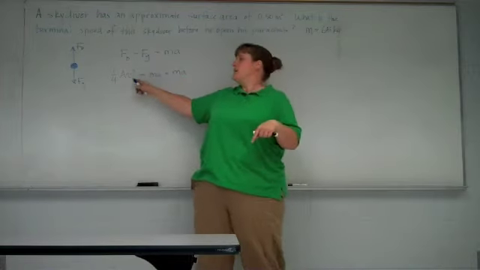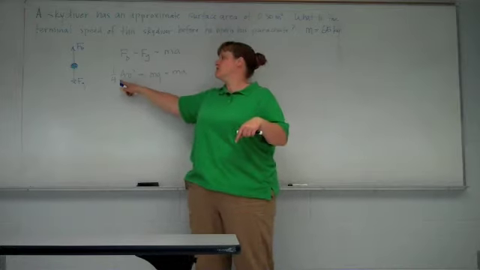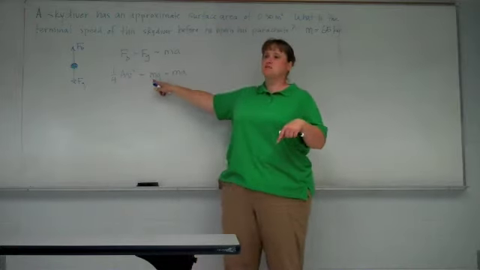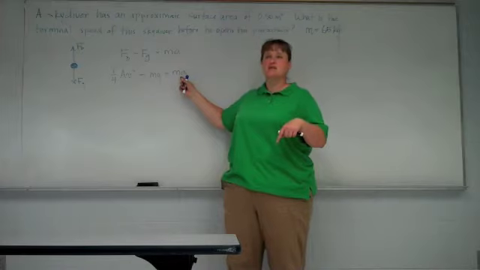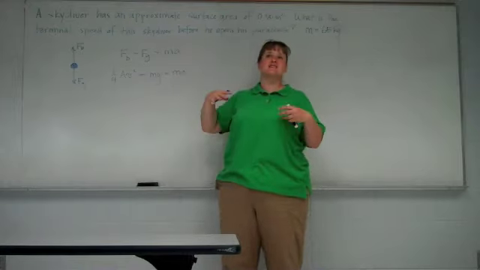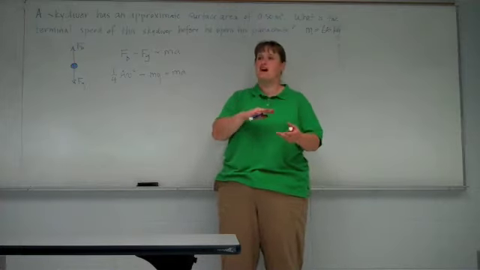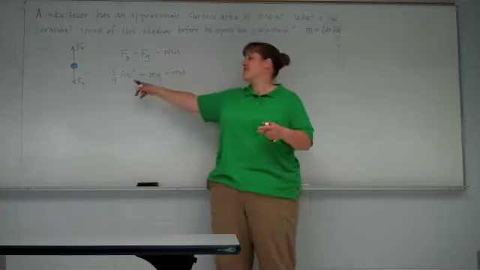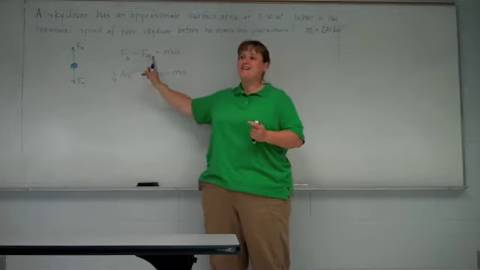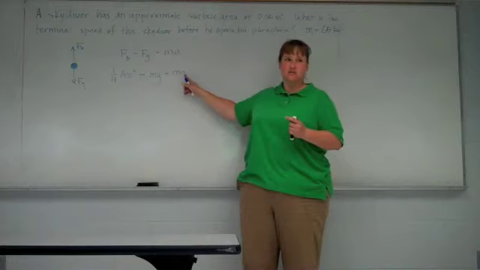But as his speed increases, this term, minus mg, becomes smaller. So his acceleration decreases from 9.8 meters per second squared downwards and gets smaller and smaller. What that means is he speeds up less and less. He's still speeding up, he just doesn't speed up as fast on his way down because of drag. At some point, the acceleration will become 0.